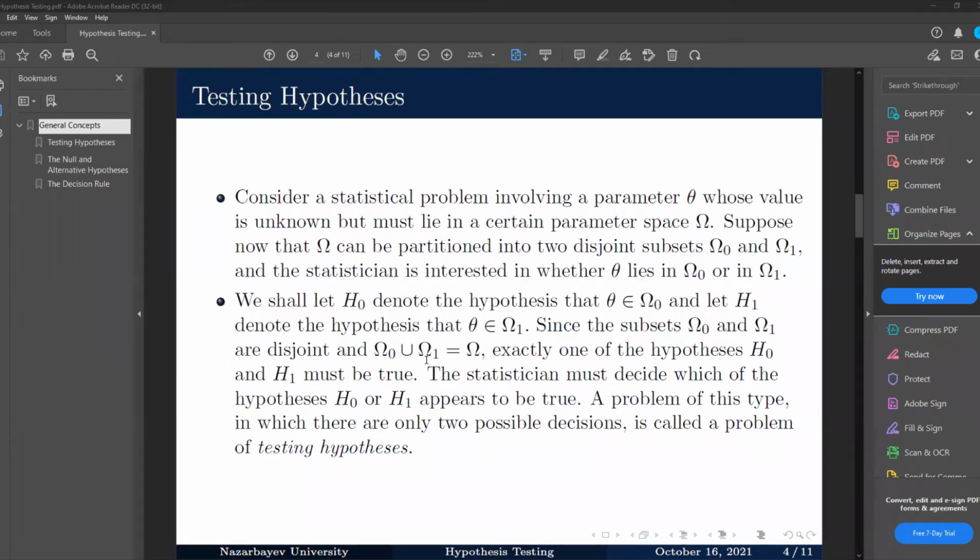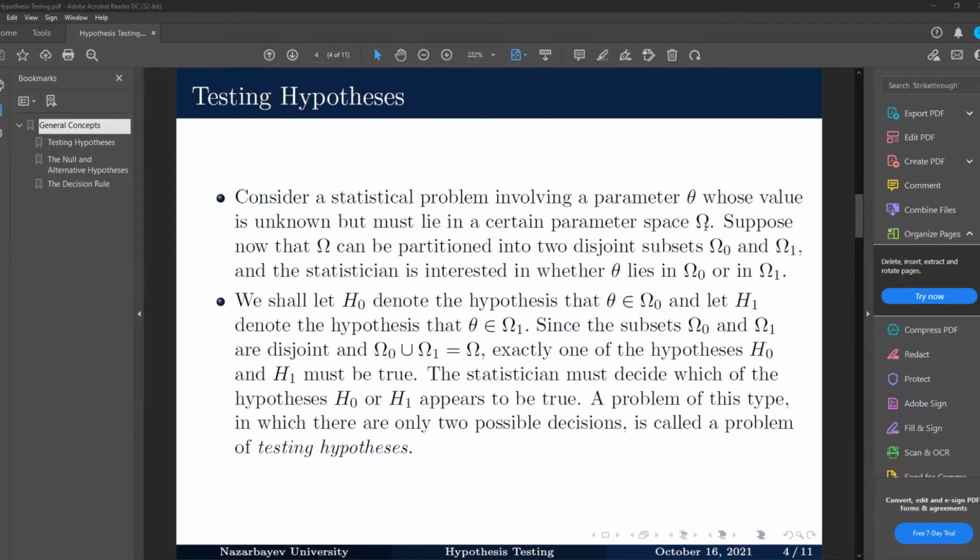The general idea of hypothesis test is the following. Consider a statistical problem involving a parameter theta whose value is unknown but must lie in a certain parameter space omega. In the rest of this course, we'll be working with hypothesis testing for parameter theta, which is going to be only either population mean or population variance or standard deviation.